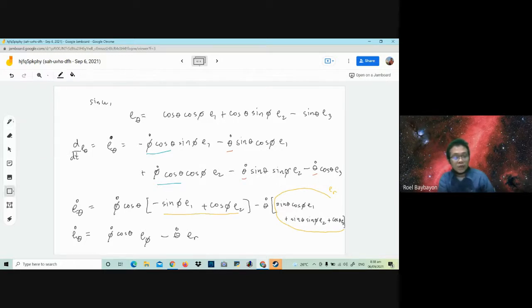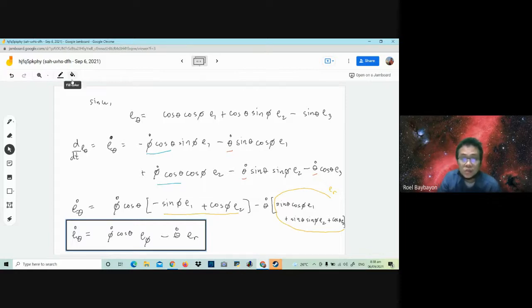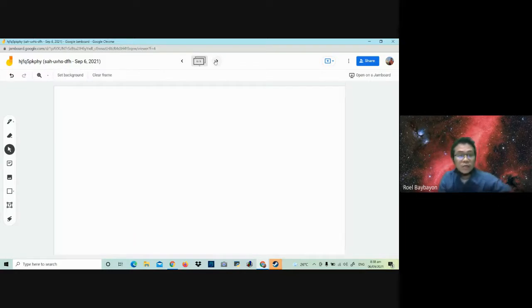Okay. Last one is how to solve for e phi dot. Recall e phi is equal to minus sine phi E1 plus cosine phi E2.